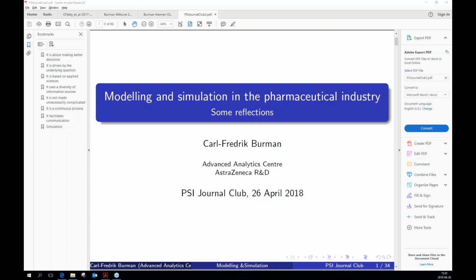Well, now we are coming to the second presentation by Carl Friedrich, or Kaffe for short. Kaffe is working in the AstraZeneca methodology group and mainly deals with design, consultations, and oncology modeling. He has been working in the pharma industry since 1995, and from the late 90s he was collaborating with pharmacometricians.